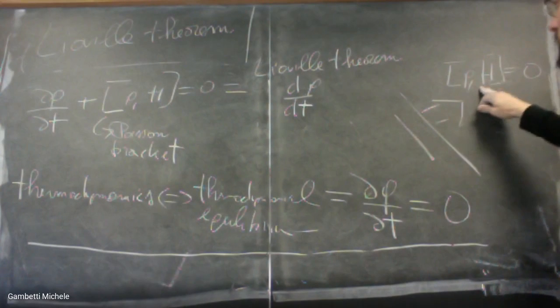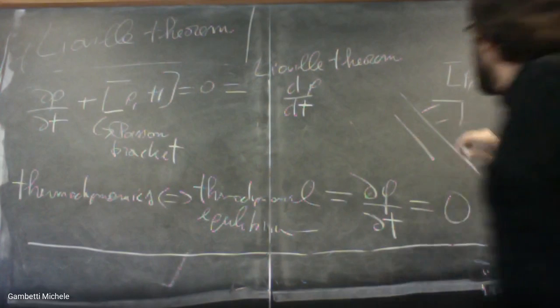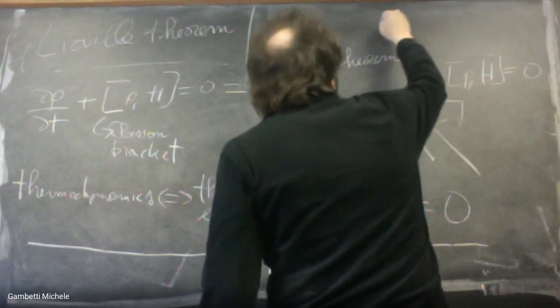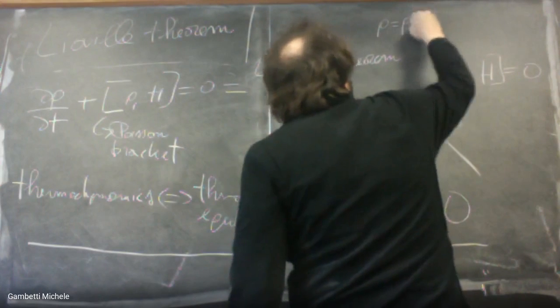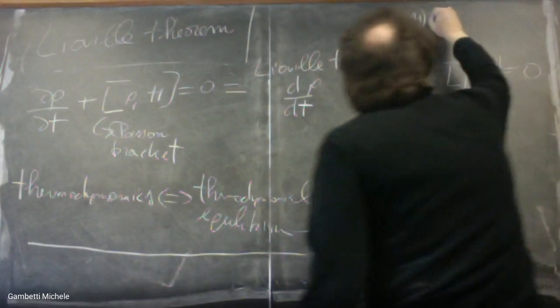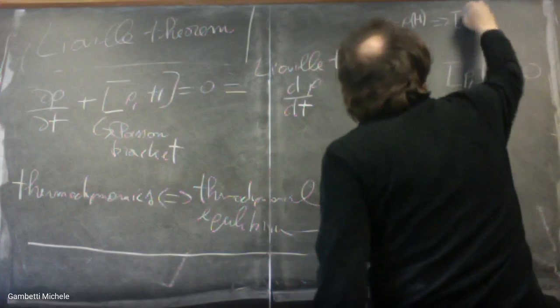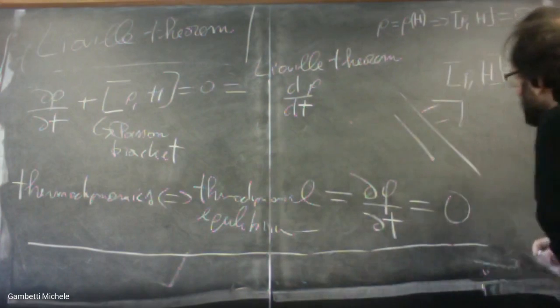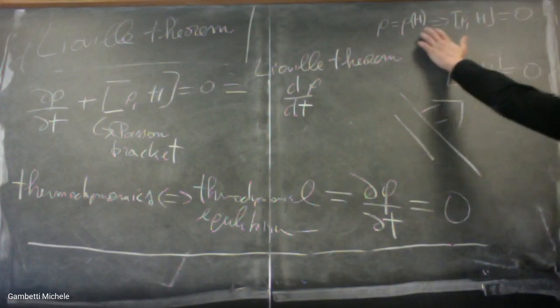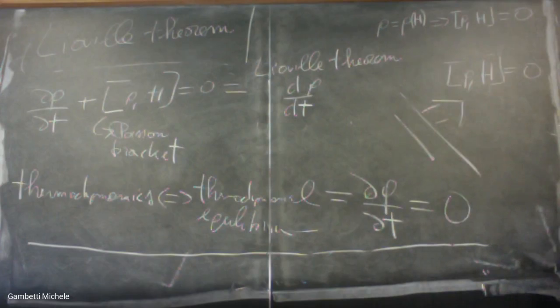Another possibility is that rho is a function of H itself. You can try to show, if you want, that if rho is a function of just H, then the Poisson bracket of rho and H is equal to 0. You might remember this from analytical mechanics, but you can try to derive it.